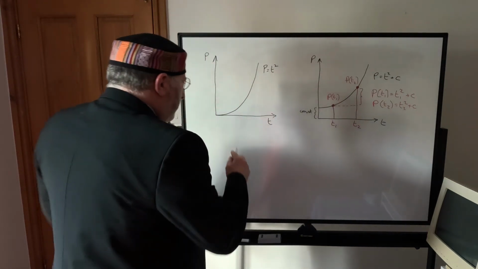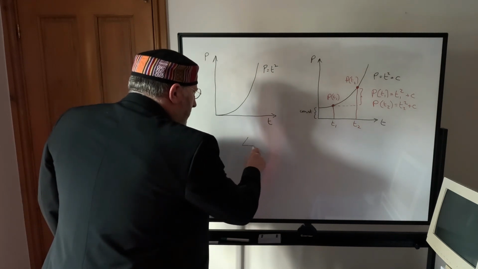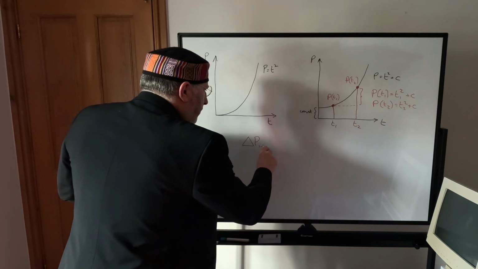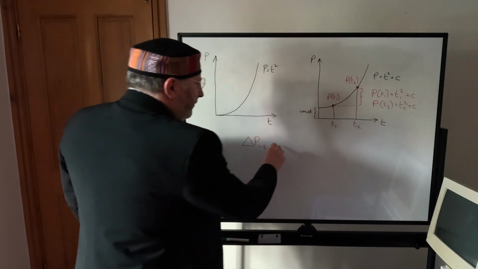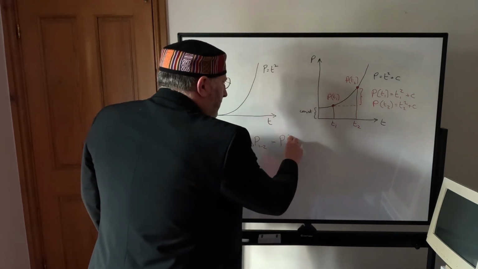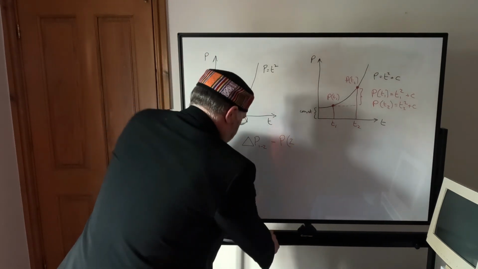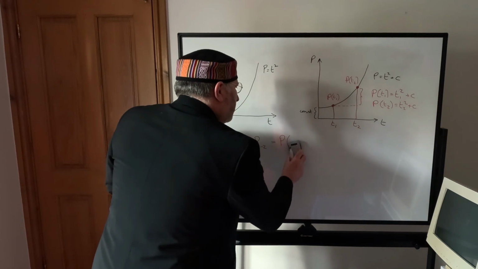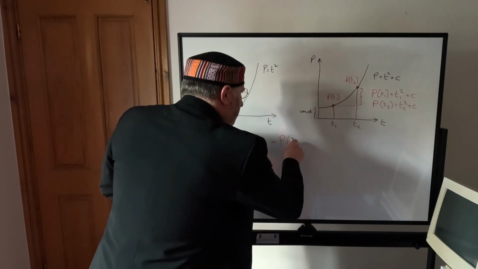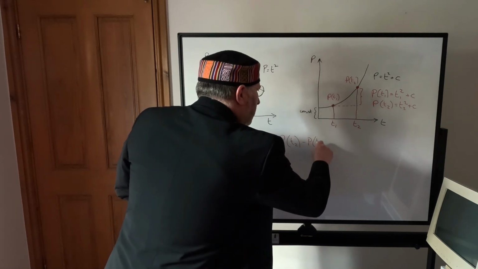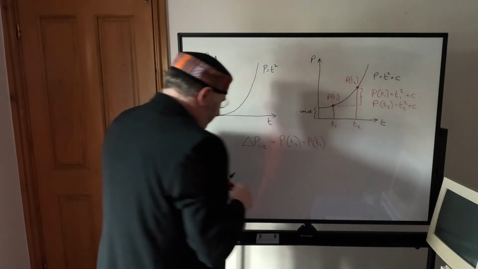So we can say that the difference in population from t1 to t2 is equal to P of t2 minus P of t1.